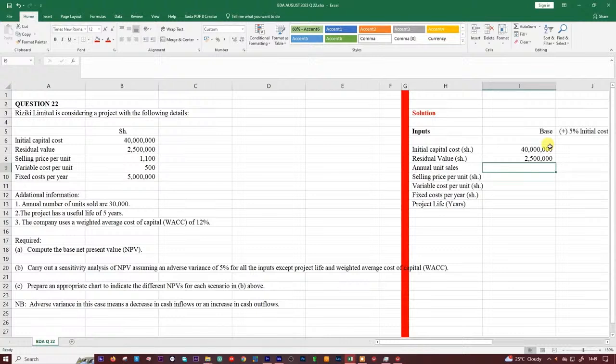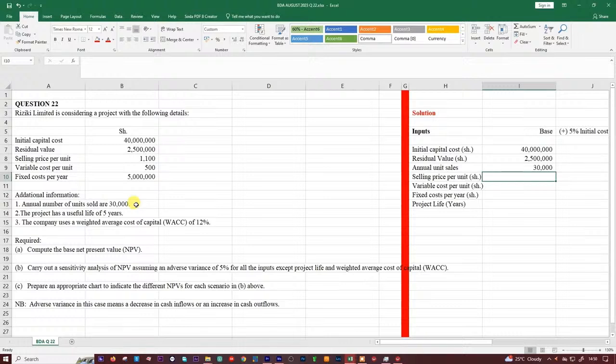And then the annual unit sales. The annual unit sales you can see is right here. Additional information number 1. So 30,000. Because this is in words, it's in figures combined with the words, so just put 30,000 there.